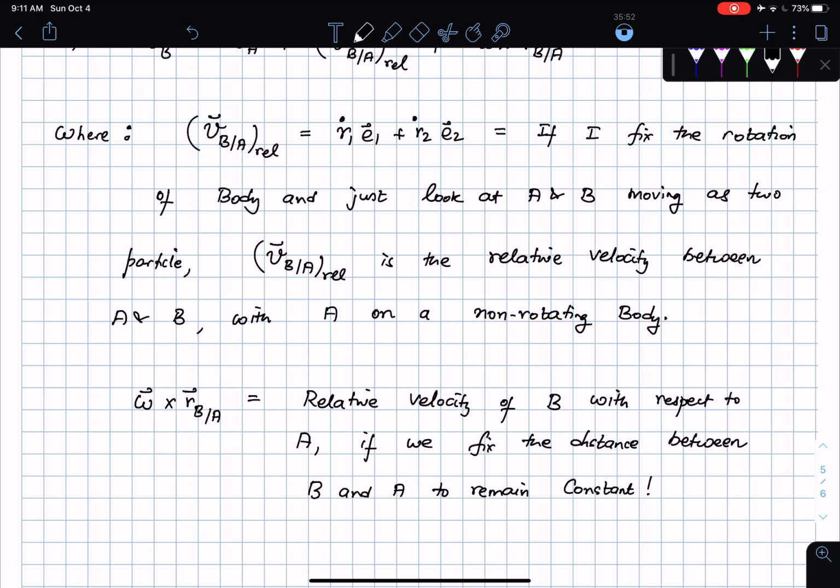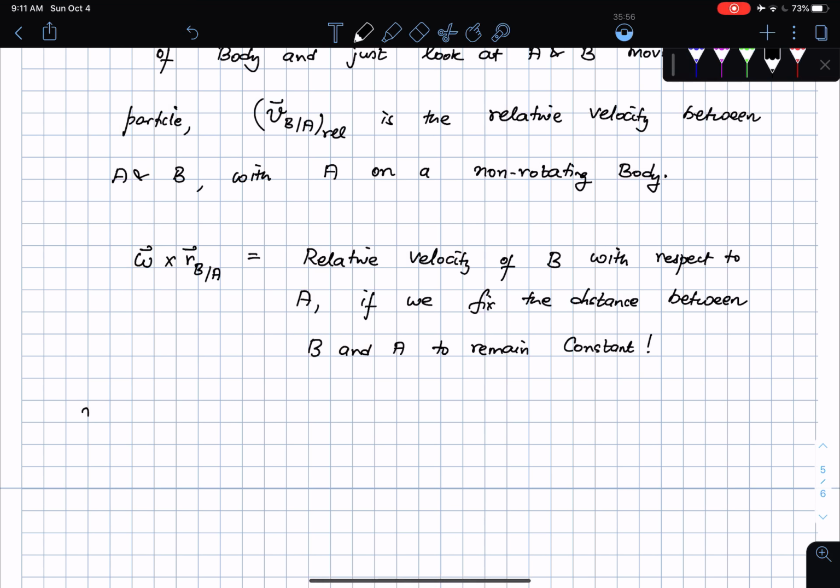There is another velocity that comes only due to the translation of the bodies, right? So V_B/A relative is due to translation.